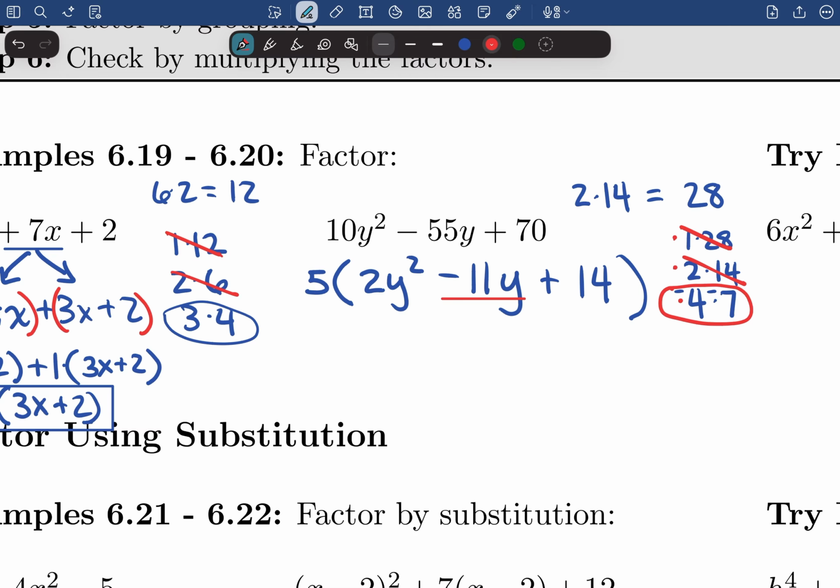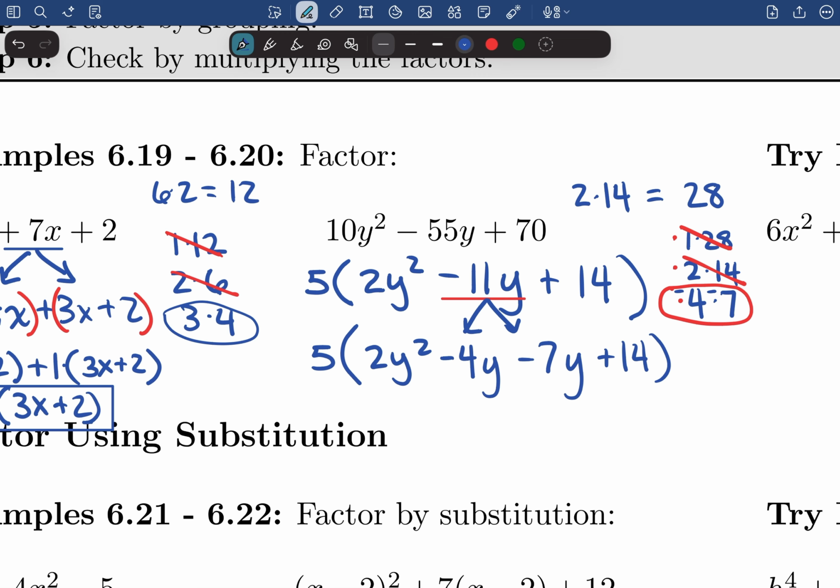Great. And so now I split this negative 11y into two pieces. I rewrite this whole expression as 5 times 2y squared minus 4y minus 7y plus 14. So I just split this negative 11y into two pieces, negative 4y and negative 7y.